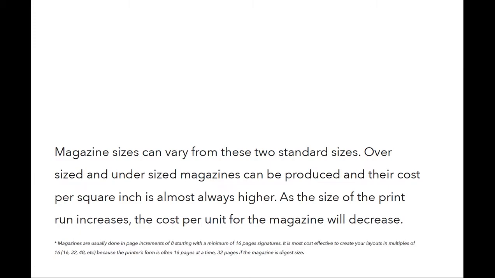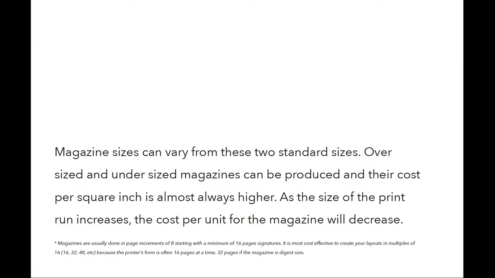So how this is important for the designer is that when you design your magazine, usually you'll be speaking with the vendor and you might ask them, does my magazine need to be divisible by a certain amount? And oftentimes, like 99.9% of the time, the number of pages has to be divisible by 4.